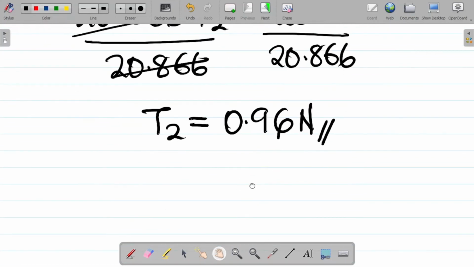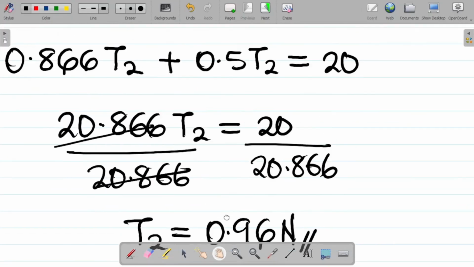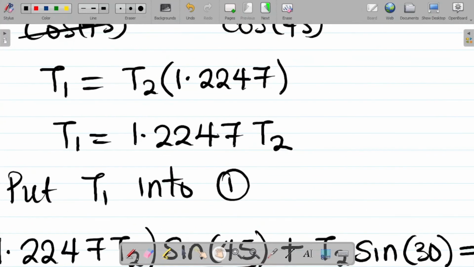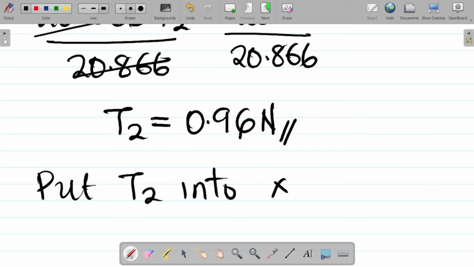Now let's get the value of T1. Let's go back to this and call this equation asterisk. So let's put T2 into equation asterisk.